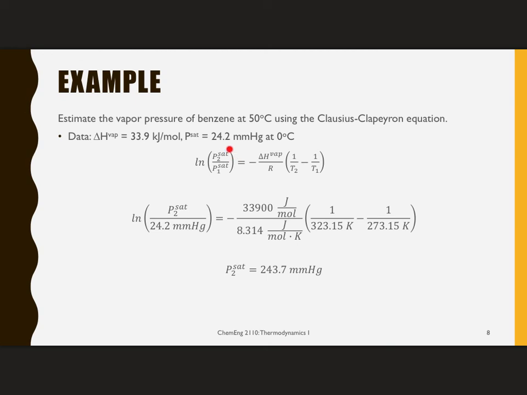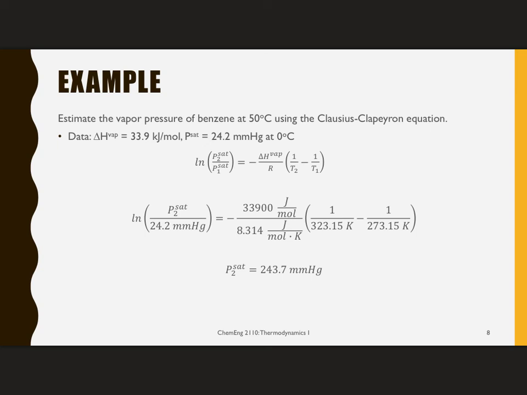So I'm looking for P2 sat. P1 sat is this 24.2 millimeters of mercury. Heat of vaporization, 33.9 kilojoules per mole. But my R value was in joules per mole, so I converted this over: 33,900 joules per mole.